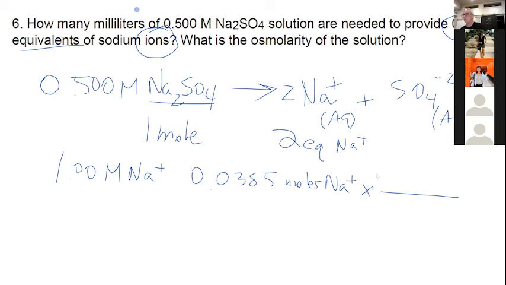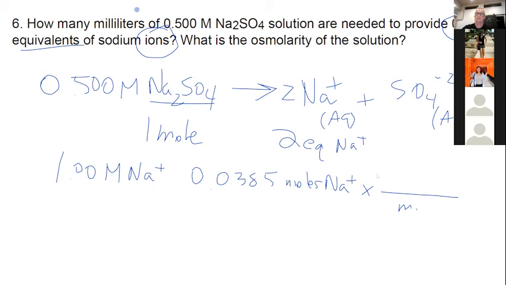Molarity or what molarity? What units do I put in here? Because I want to end with a volume. The moles per liter. Where do liters go? Where do moles go? The moles go at the bottom.